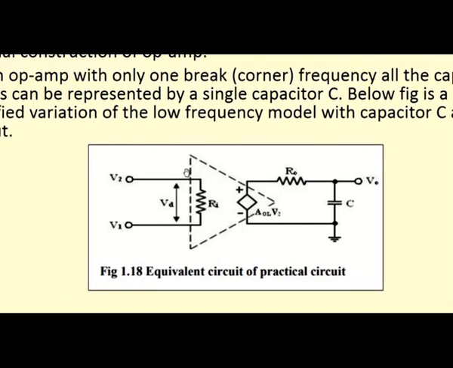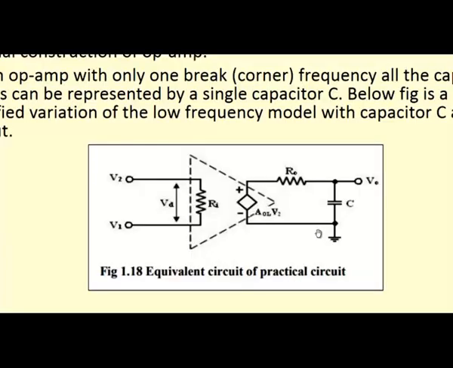Practically, there are several capacitance effects seen by the operational amplifier due to the physical characteristics of the transistors, or maybe the construction details present in the operational amplifier. There will be n number of capacitance effects present in the operational amplifier. So, all the capacitance effects are considered as a single capacitance, and due to this capacitance the gain is reduced for AC signals. We will be looking at these AC characteristics again in the further classes.